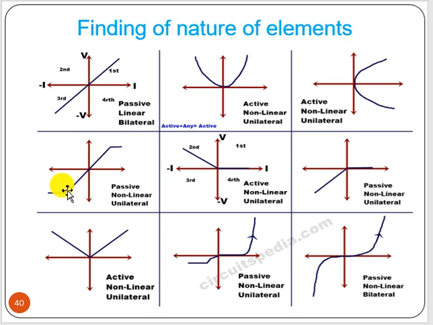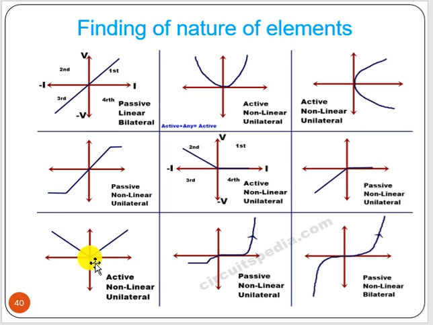Say these two are the same, assuming. And this is active because in the second coordinate P is negative, so active, and here we have a constant term, so non-linear and unilateral, because one way is this, another one is constant 0. Again this is unilateral, why, because of this constant term, both are not the same. Unilateral, non-linear, and passive because this is in the third coordinate and this is in the first coordinate.